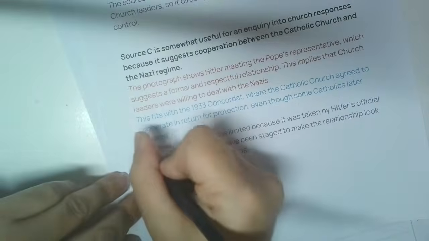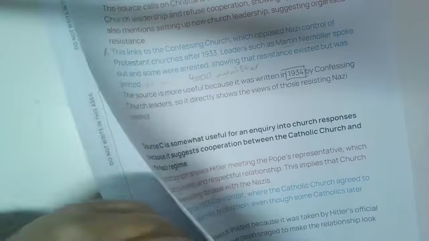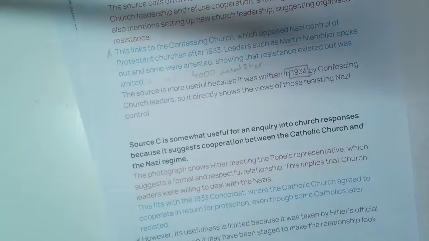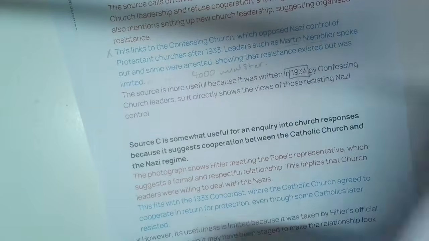So that little bit of provenance in the end is what is going to get you to that level 3 answer, because if we come to the mark scheme, let me zoom in a little bit again on this because the mark scheme is kind of hard to see.